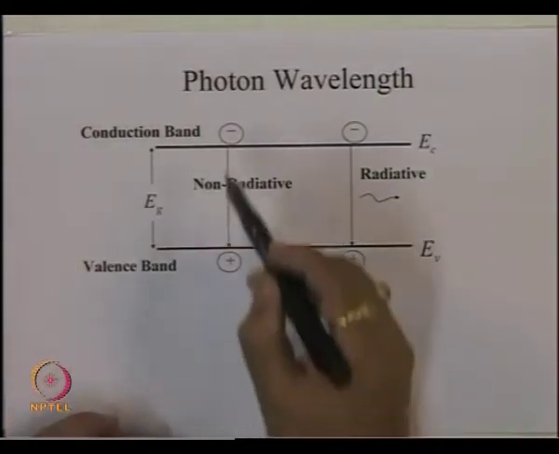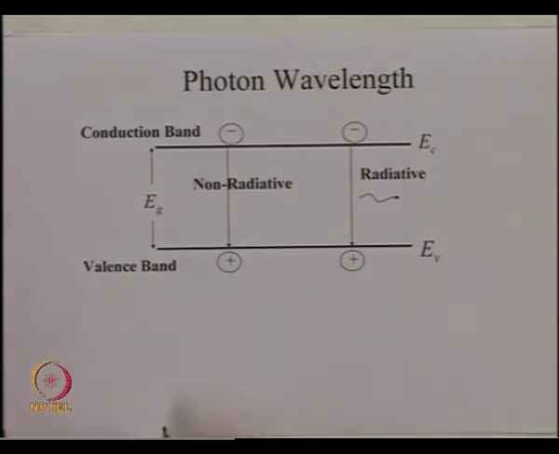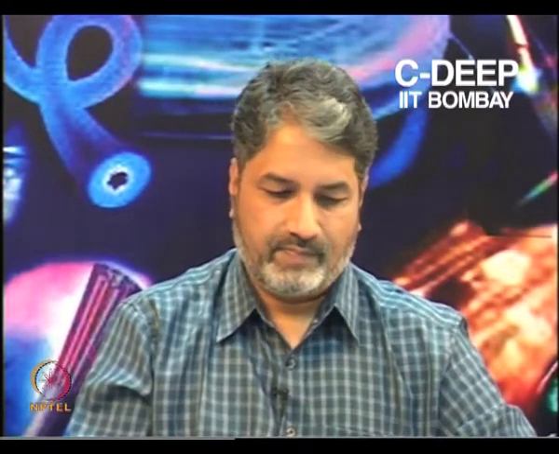And we have seen that when the electron hole recombination takes place, the photon may be emitted or the photon may not be emitted. If the photon is emitted, then that radiative recombination process is the useful process, because we got light out. But when the electron hole recombination takes place, and if the energy has gone in some other form like lattice vibration or something like that, then the photon is not emitted and the light has not come out.